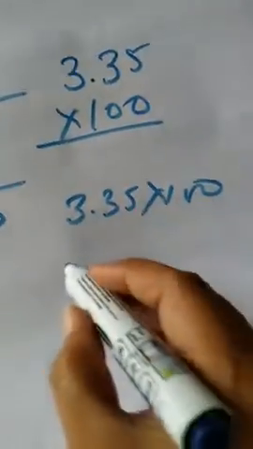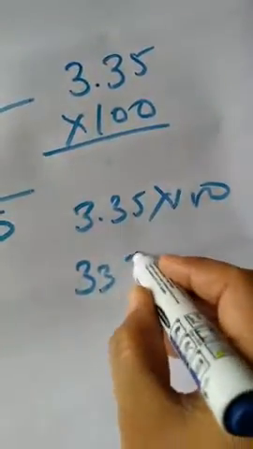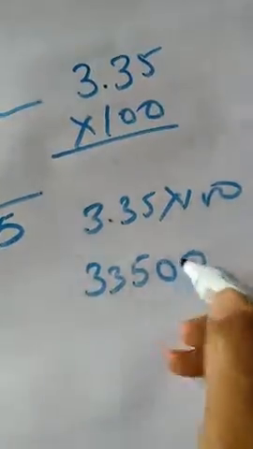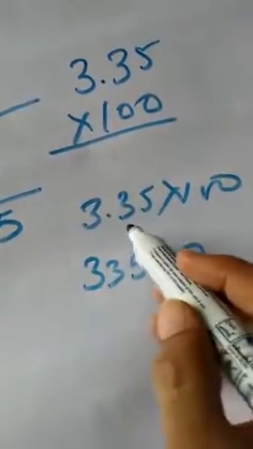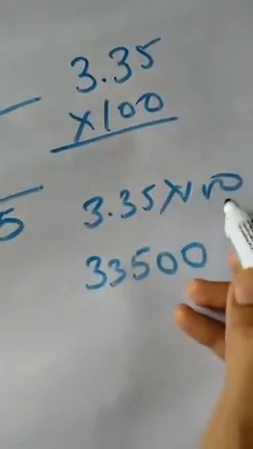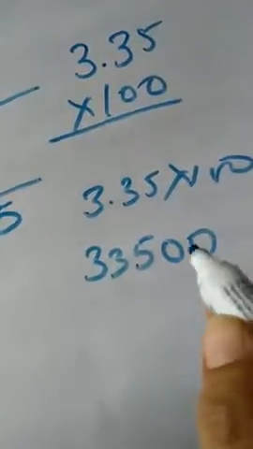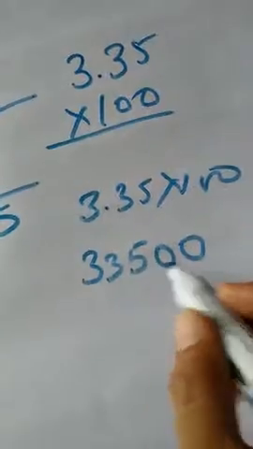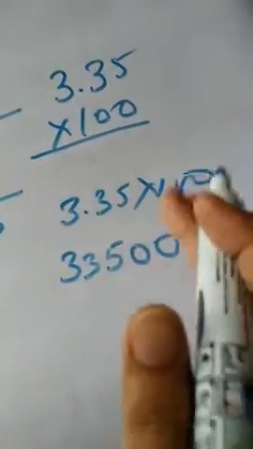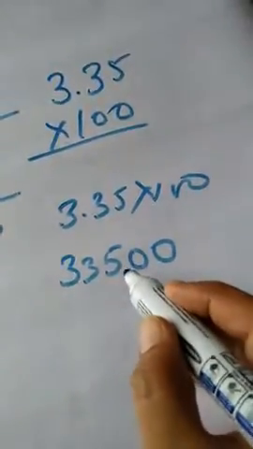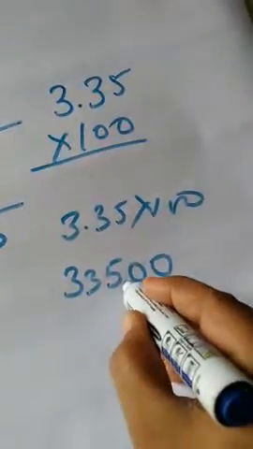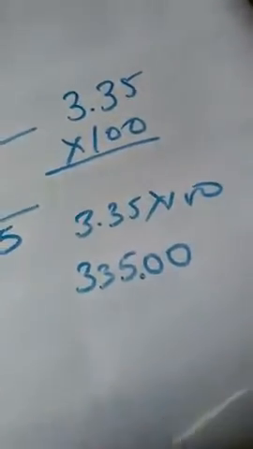Just add 2 zeros after it and count the number of digits after the decimal. There are 2 digits after the decimal. So after 2 digits we will mark the decimal. 1, 2. Start counting from the right-hand side. Always count from the right-hand side. 1, 2. After 2 digits we will mark the decimal. So it is 335.